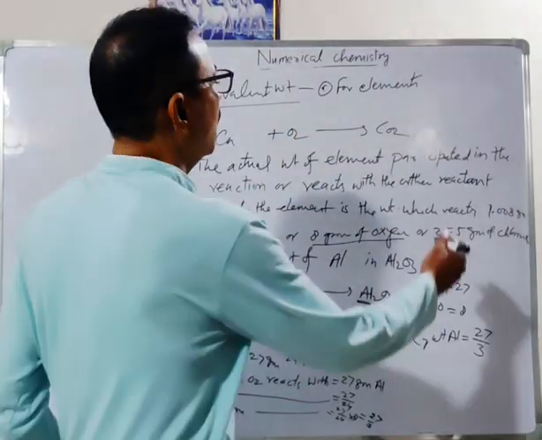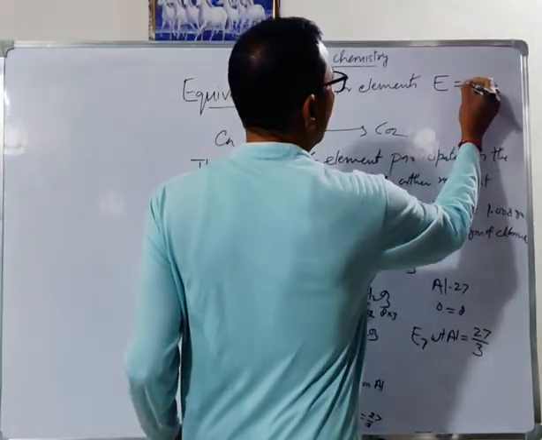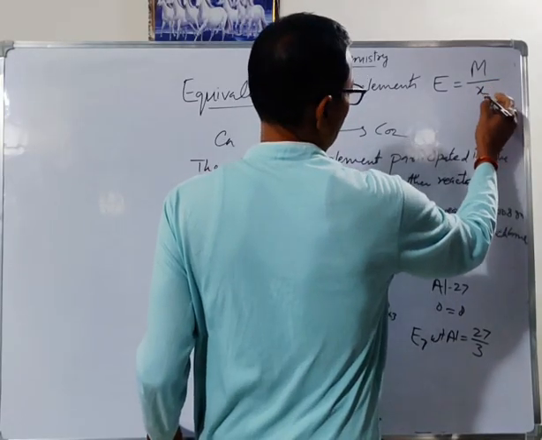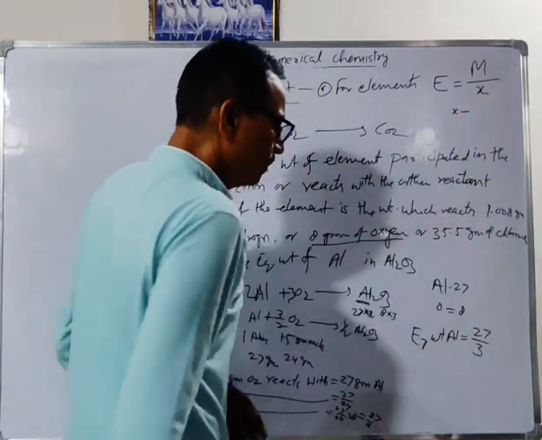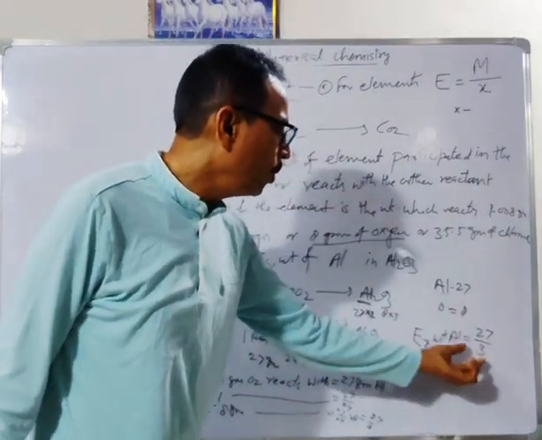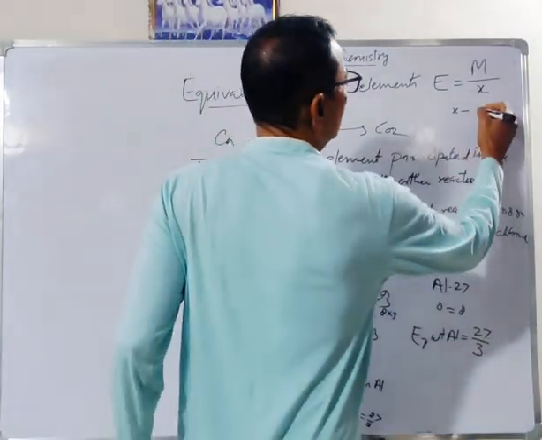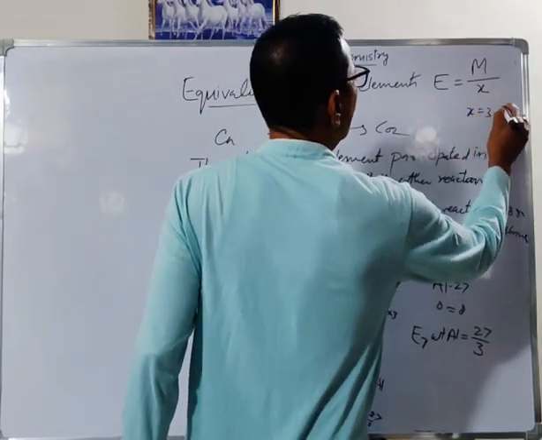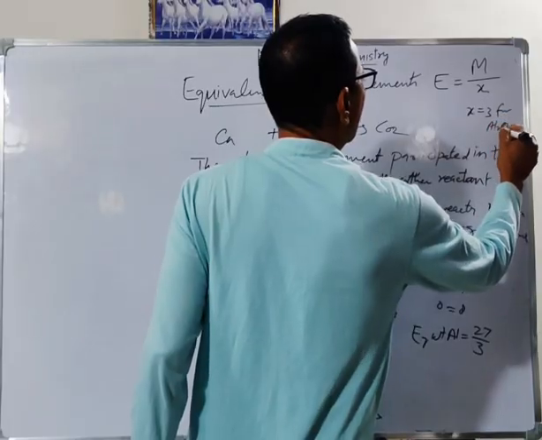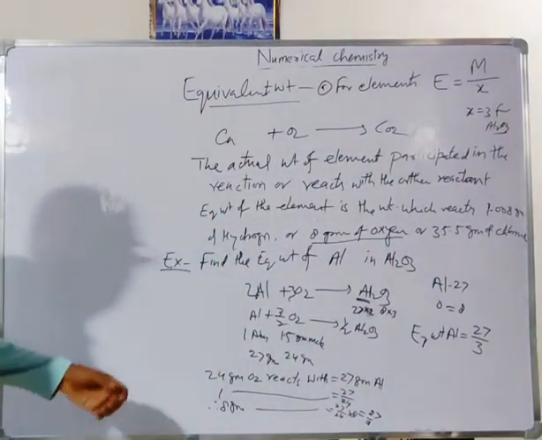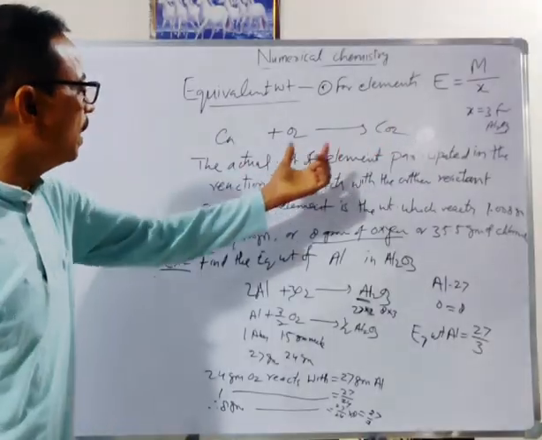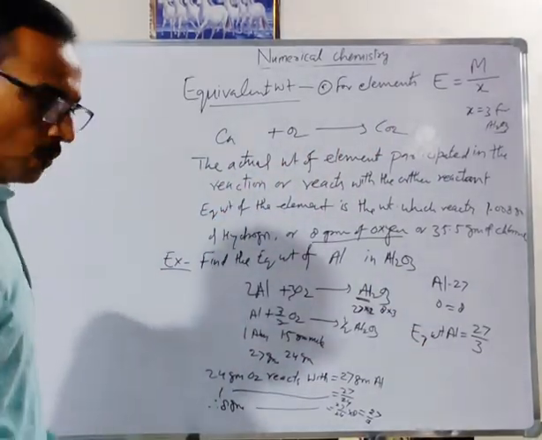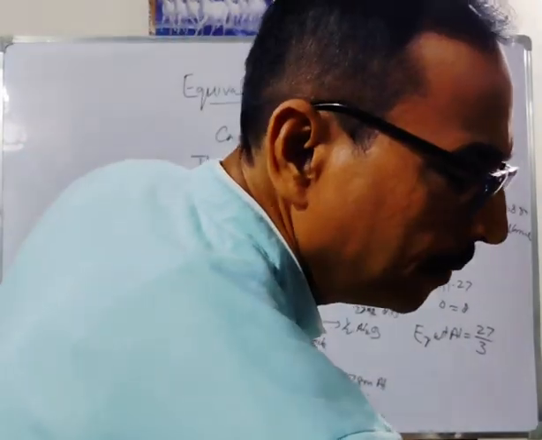So in general, for an element, equivalent weight equals molecular weight divided by X. Here X is the cationic charge, the positive charge, which is 3 for Al2O3. So the equivalent weight of aluminum is 27 by 3. We understood by an example.